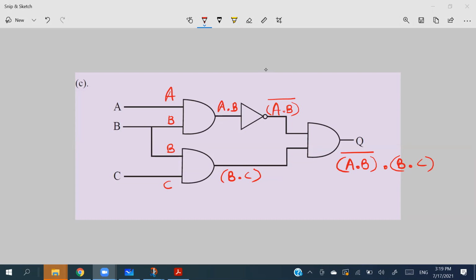No, what do you mean by, like you mean like you put bar over here?